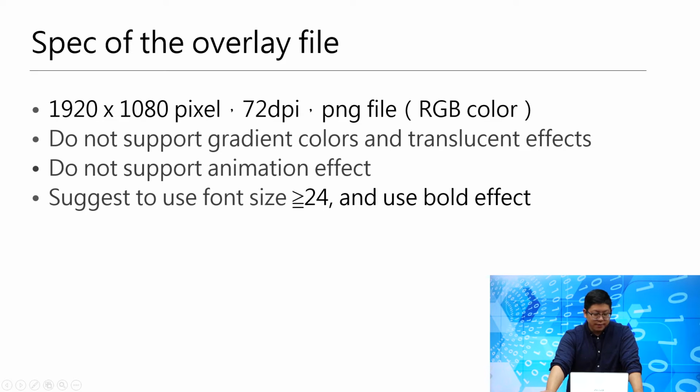Also, our overlay does not support gradient color, translucent FX, and animation FX. You have to keep that in mind, because if you create an overlay with this kind of FX, you'll run into some trouble. We also suggest using a font size not smaller than 24, and please use bold colors.